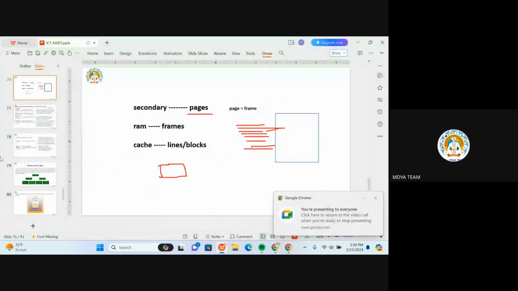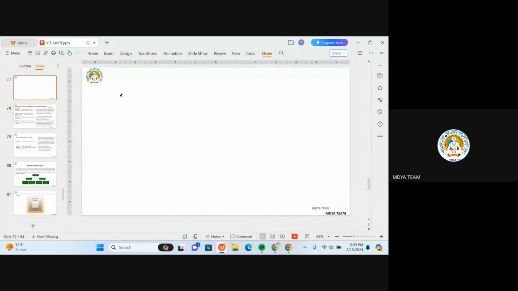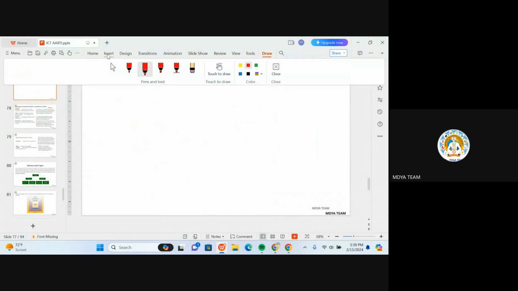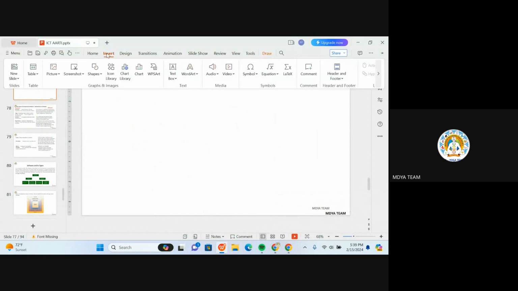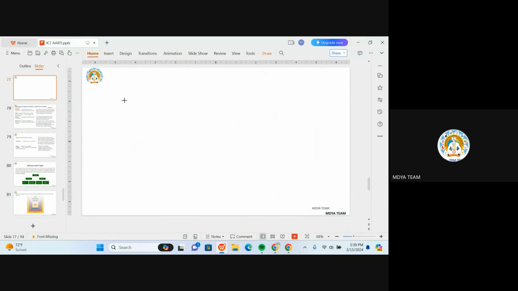Now one important thing I will tell you about is the memories. Then we will continue with the software. So, semiconductor. We will understand about the semiconductor devices.